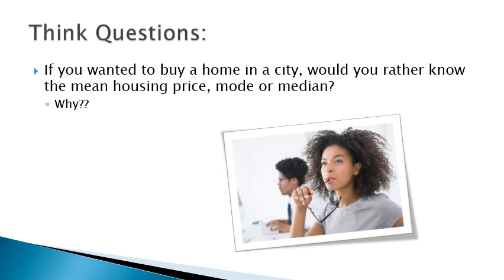I want you to really think about this. Let's say in Riverside houses are going for $200,000. So I've got 200,000, 200,000, 200,000, and then that one house up on the hill is going for 2.1 million.